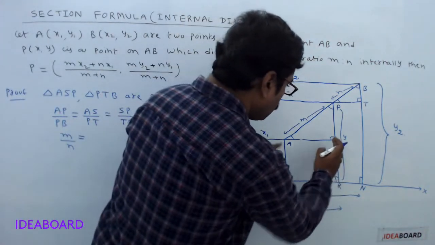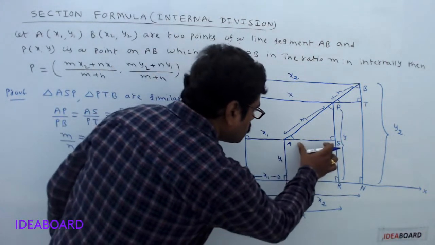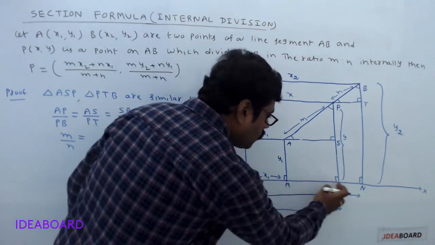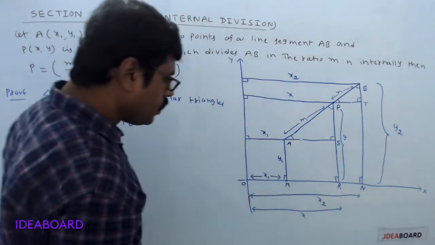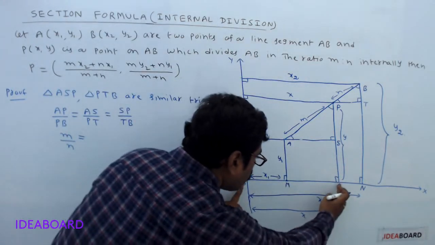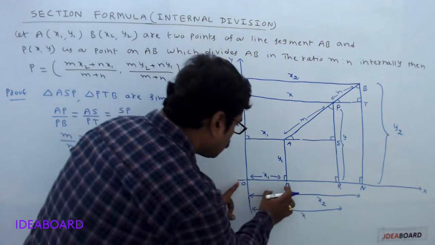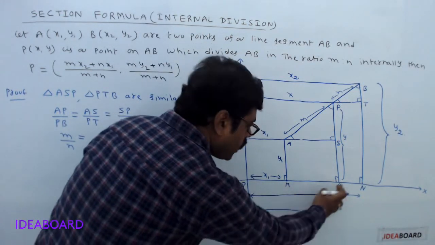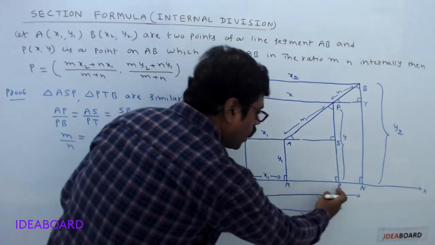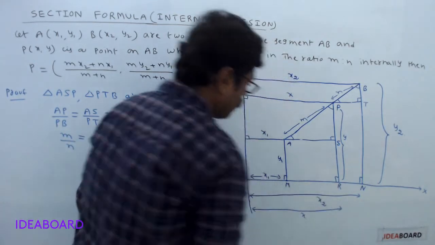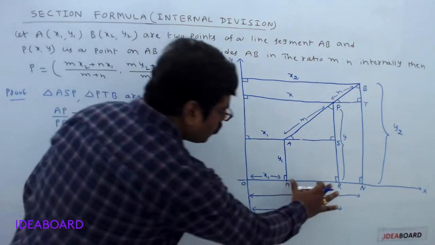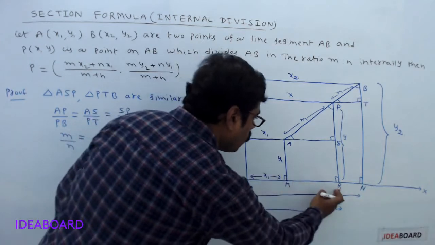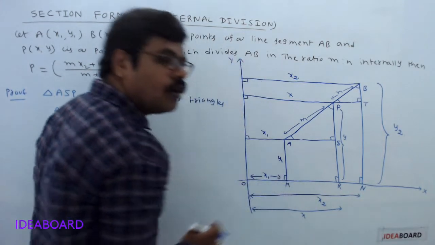Now this is AS. This AS is the same as MR. Now what is the value of MR? This length OR is X. This length OM is X1. So MR can be taken as OR minus OM.